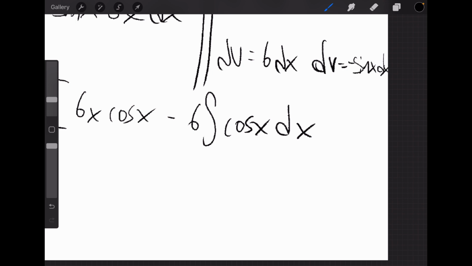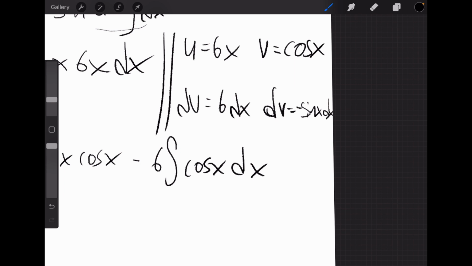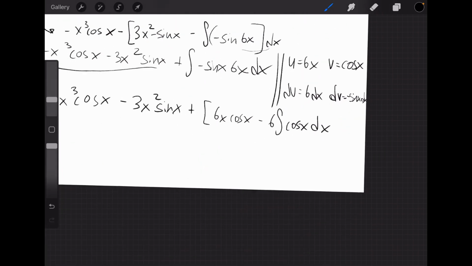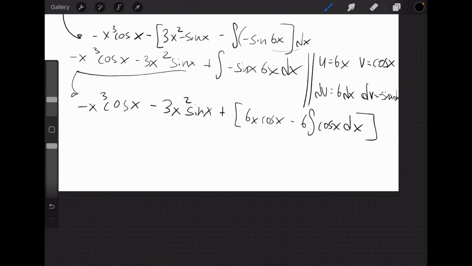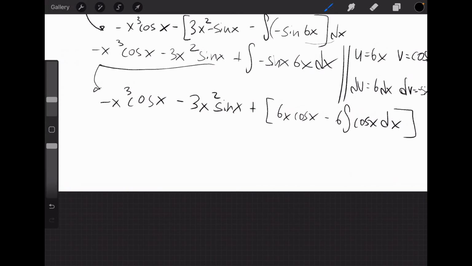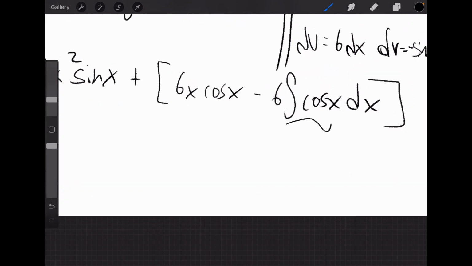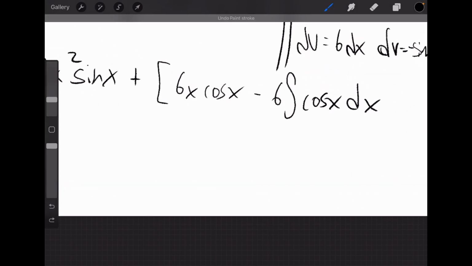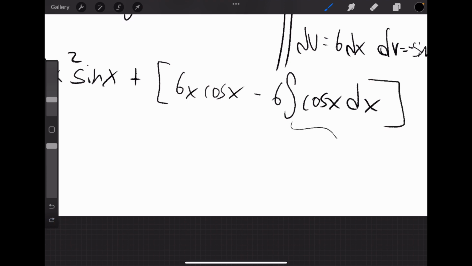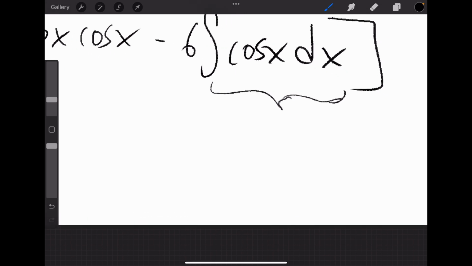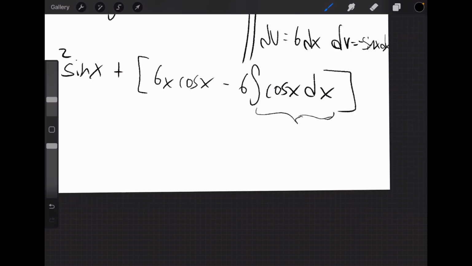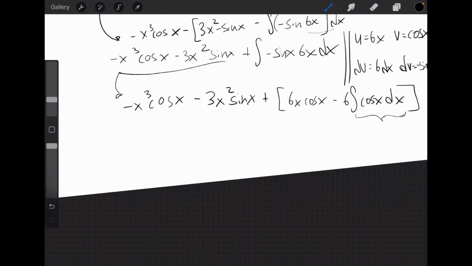It's v times du, but I'm going to take the 6 out. So now we can do this, because the integral of cosine x is just sine x. So we can fully write out the complete answer now.